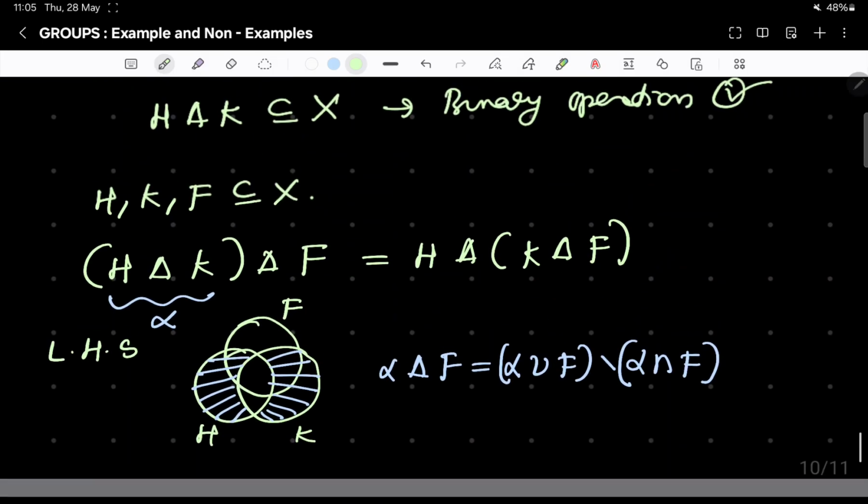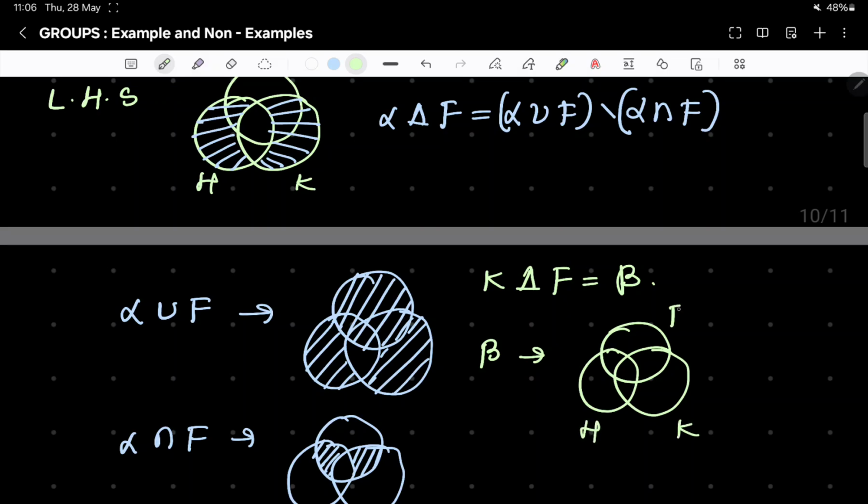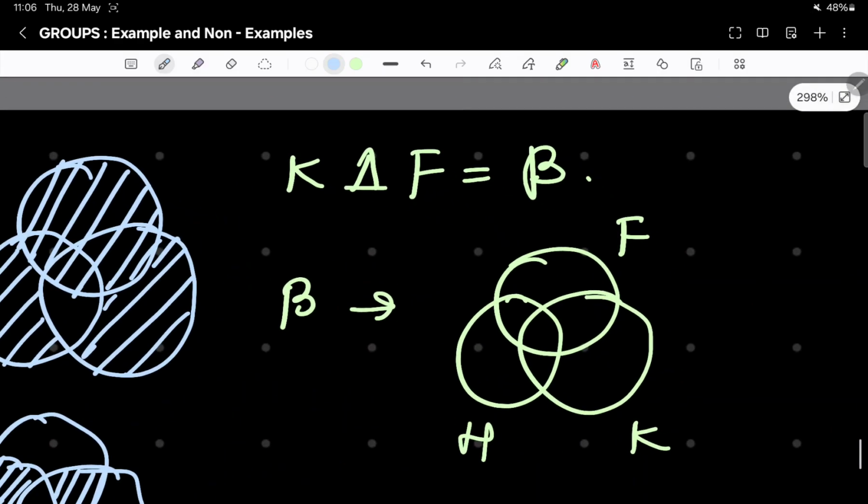Now let's see what happens with H. So first of all, what is beta? Beta is K symmetric difference F, and beta gives you this one, right? So this is beta, you see.